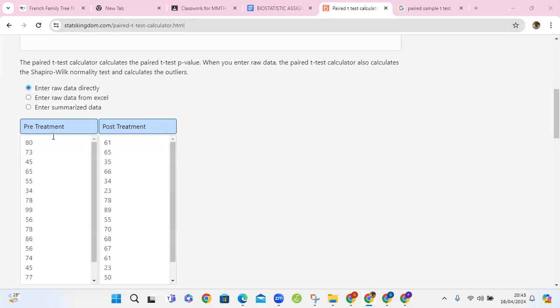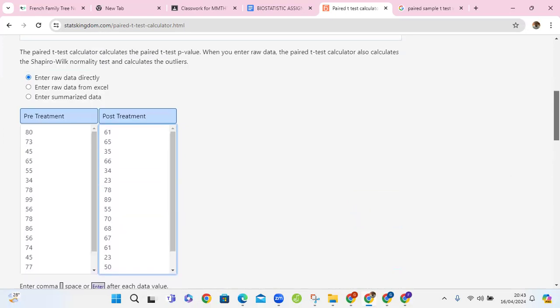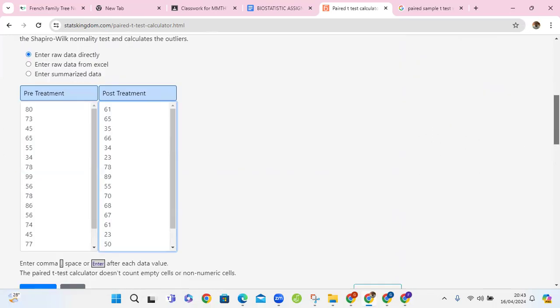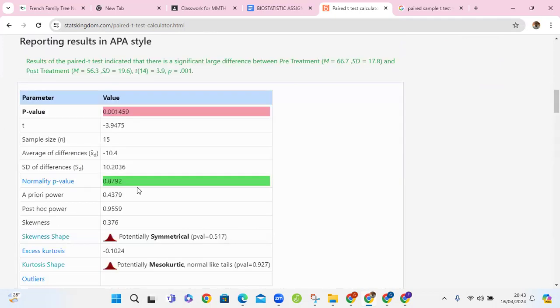So here it is, pre and post-treatment, entered as raw data directly. Now to calculate, well, let us check what our significance level is, 0.05. Okay, so let's keep it that way because it comes with that by default.